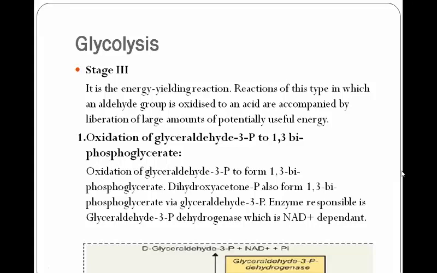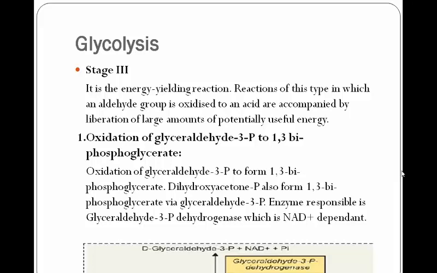Now, stage 3 of glycolysis. This is the energy yielding stage, and potentially useful energy is formed in this stage. The first reaction of the stage is oxidation of glyceraldehyde 3-phosphate to 1,3-bisphosphoglycerate, meaning two phosphate groups are attached.